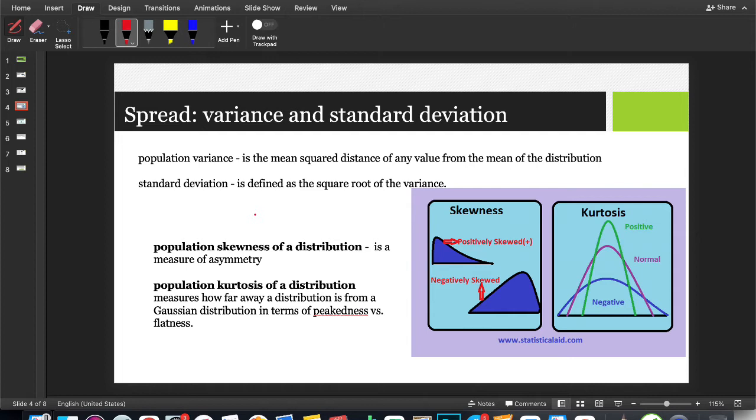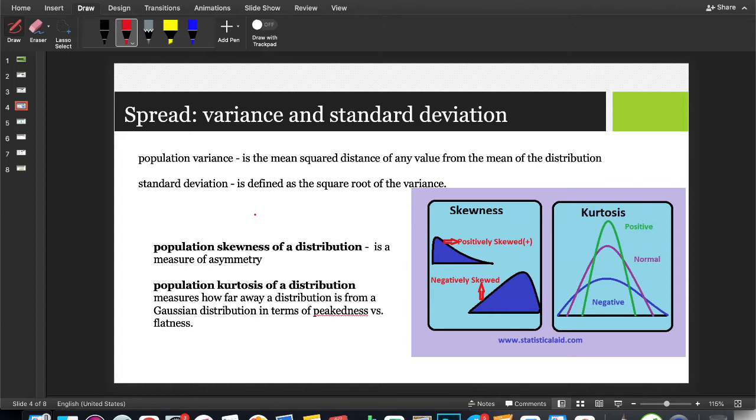Another concept that we need to remember is the skewness and kurtosis of a distribution. When you say population skewness of a distribution, it is a measure of asymmetry. And the population kurtosis is a measure of peakedness or flatness compared to a Gaussian distribution.